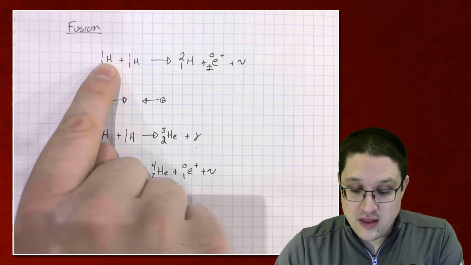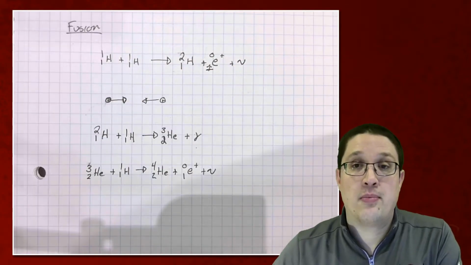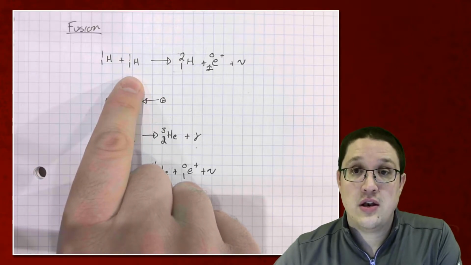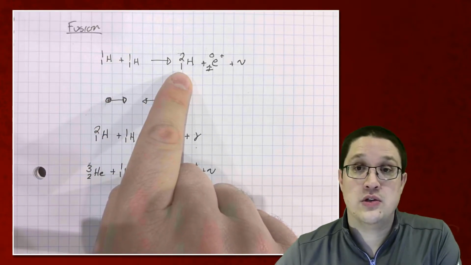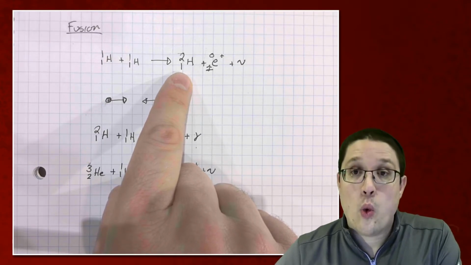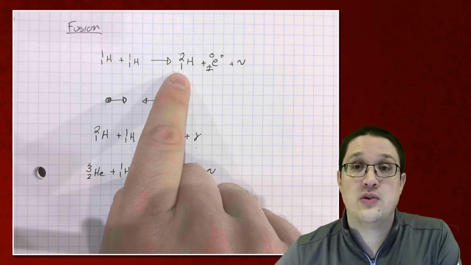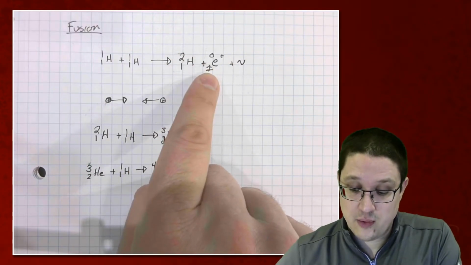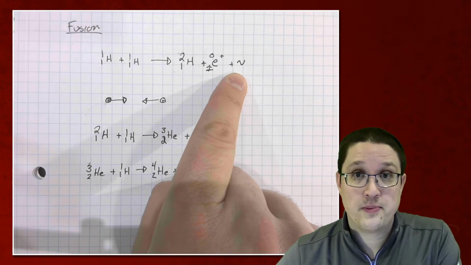So the first step in our proton-proton fusion is to take two hydrogen nuclei and combine them into a deuterium nucleus, which is an isotope of hydrogen. One of these protons turns into a neutron, and similarly to beta-positive decay, releases a positron and a neutrino.